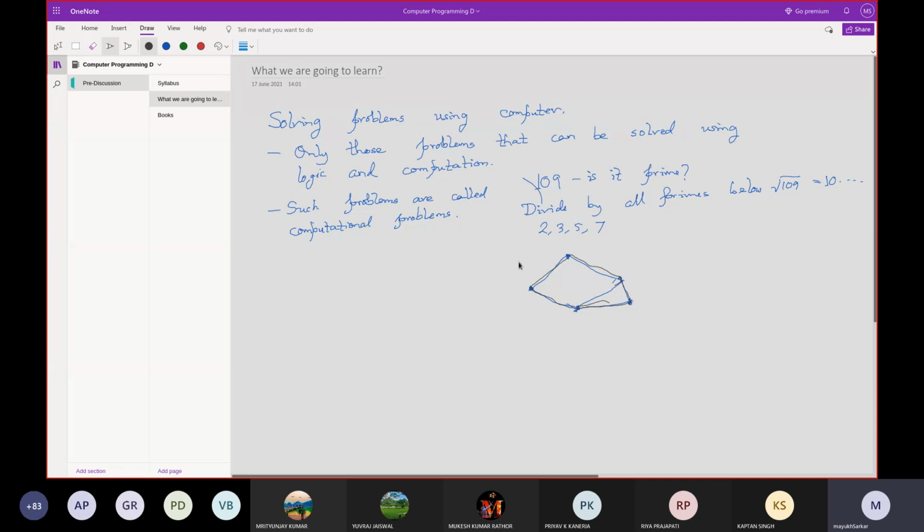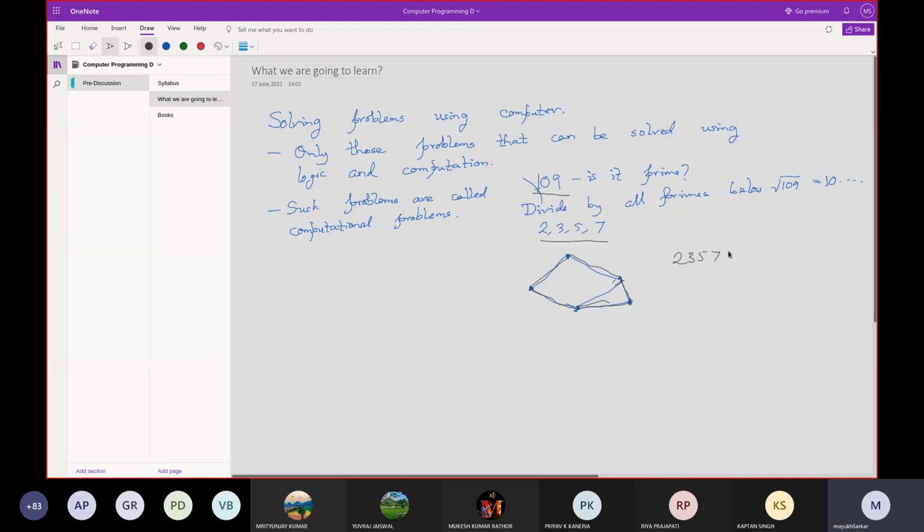Those who have not understood the concept of graph but want to understand what I meant by problem size: for example, if I ask you whether 109 is prime, you will simply divide by these four numbers, and you can easily tell me within 2 minutes on pen and paper whether it is prime or not. But what if I give a huge number?